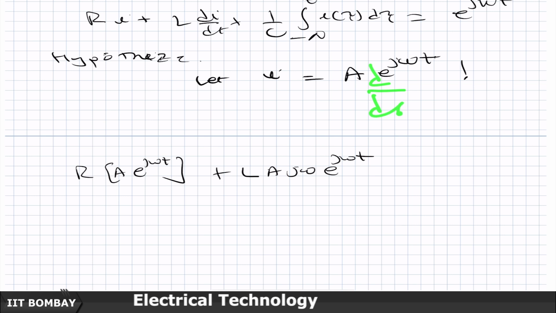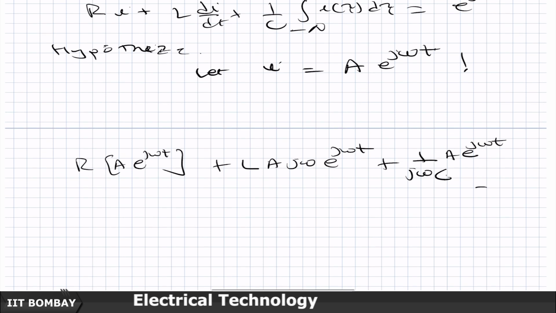I look at d by dt of the exponential term, but then the j omega will come out again as common and the same term will repeat. And similarly, for the last one I will get j omega in the denominator, a times e to the power j omega t, and this should be equal to e to the power j omega t.